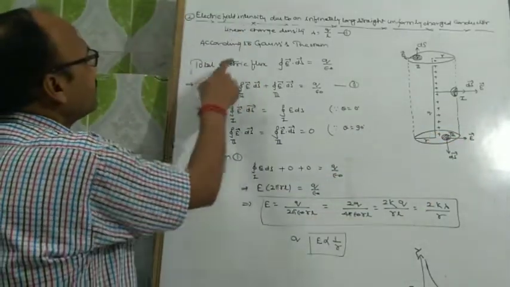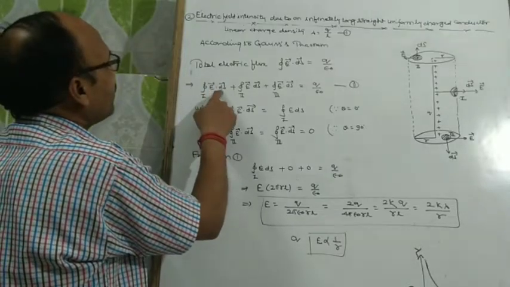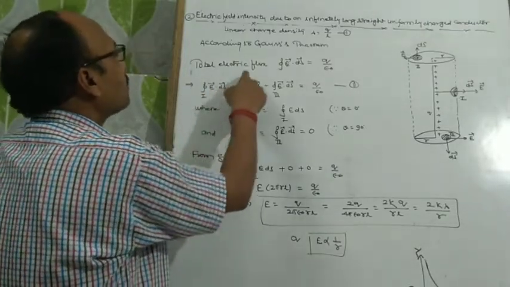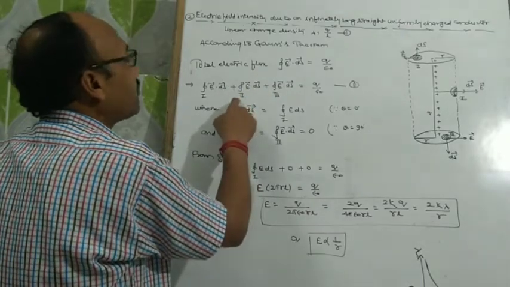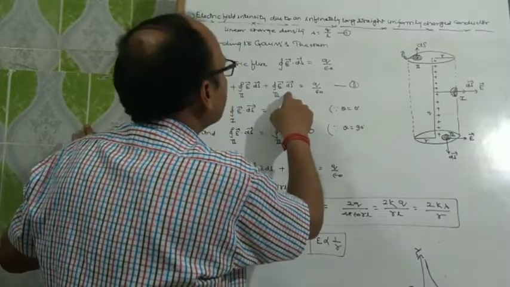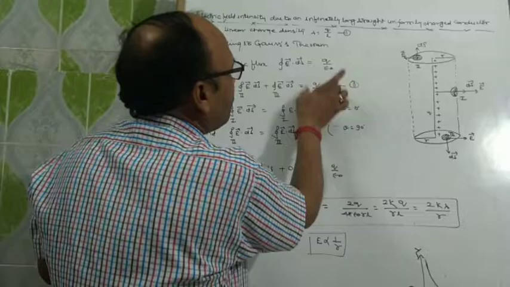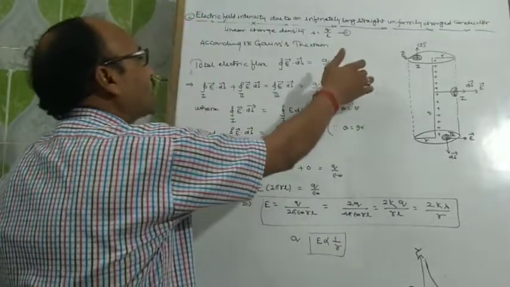It means it is equal to closed surface integration of E dot ds from the first surface, plus closed surface integration E dot ds from the second surface, plus closed surface integration of E dot ds from the third surface. The sum of these must be equal to q upon epsilon naught. Suppose this is equation number 2.